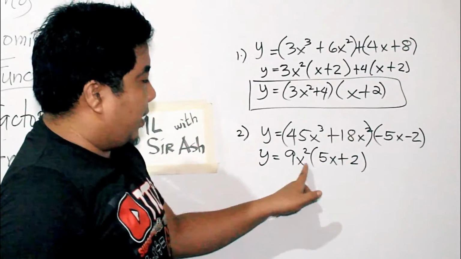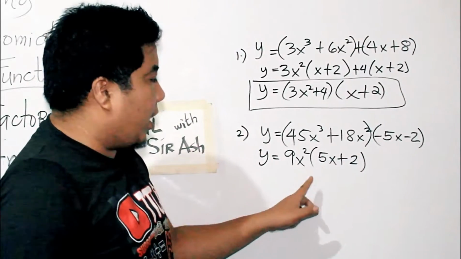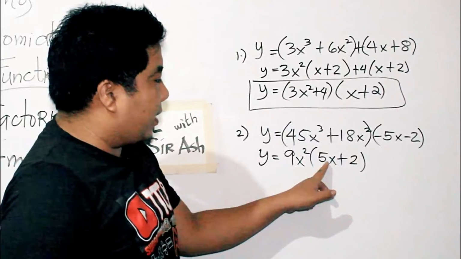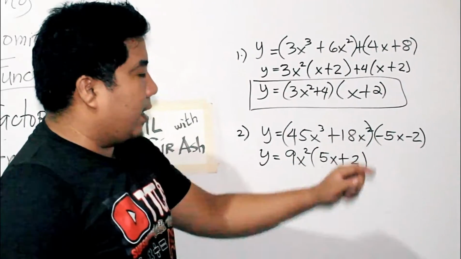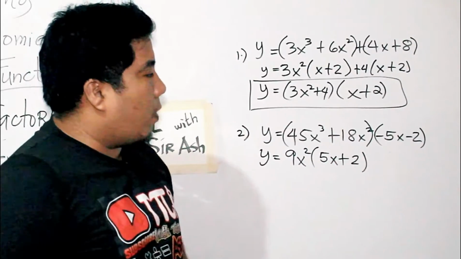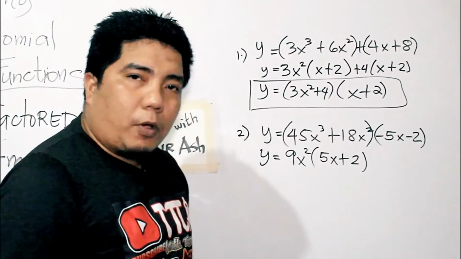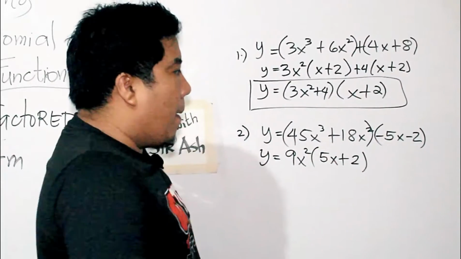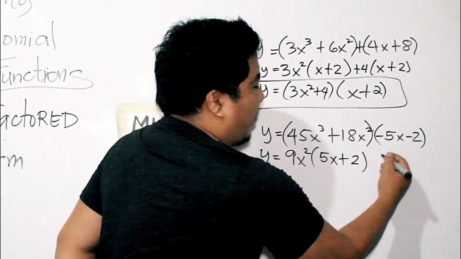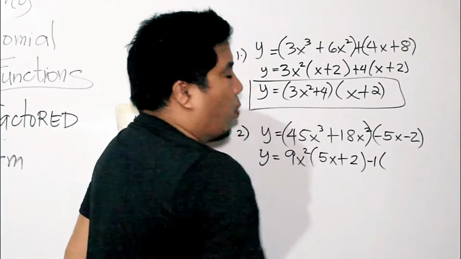So if I multiply this, this is just the checking. 9x squared times 5x is 45x cubed. 9x squared times 2 is 18x squared. Okay, I'm correct. Now, how about this one? What is common between 5 and 2? There is nothing common except 1. But since both are negative, I will extract negative 1.